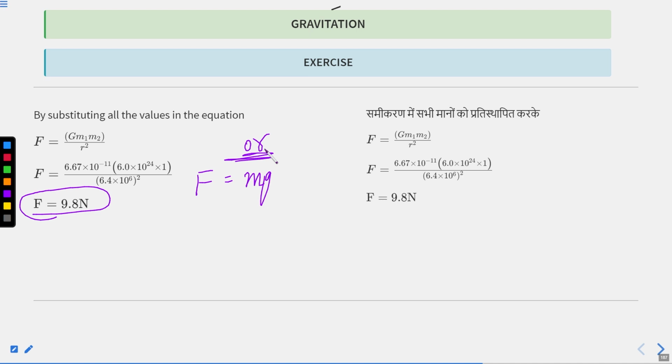Then we moved on to the next part of this chapter, which includes thrust, pressure, buoyancy, and Archimedes principle, and why some objects sink or float because of their densities. Clear, class? And we have solved some questions related to each of the topics.